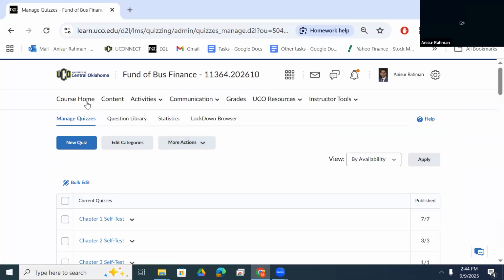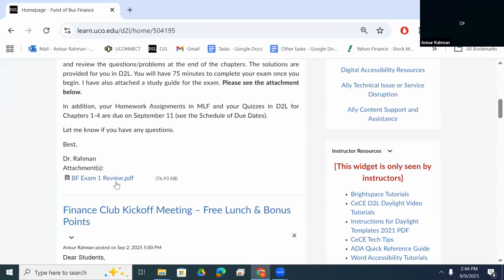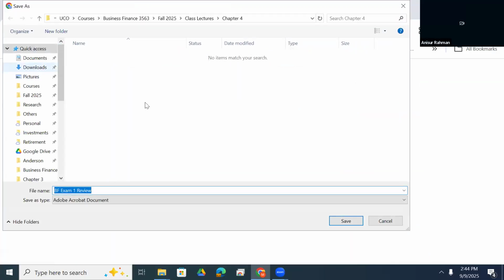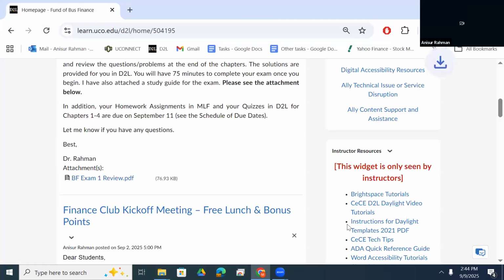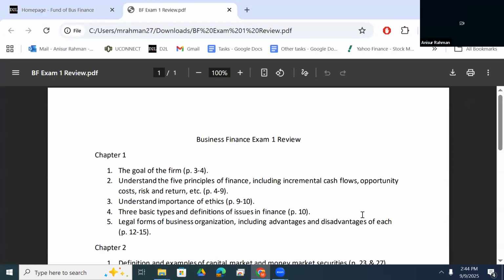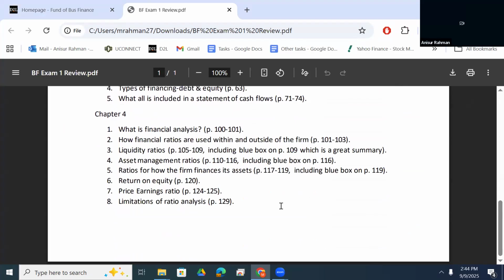In addition to what I already posted here, this review guide. So this is how to focus on your slides and the textbook to read to prepare for the exam.